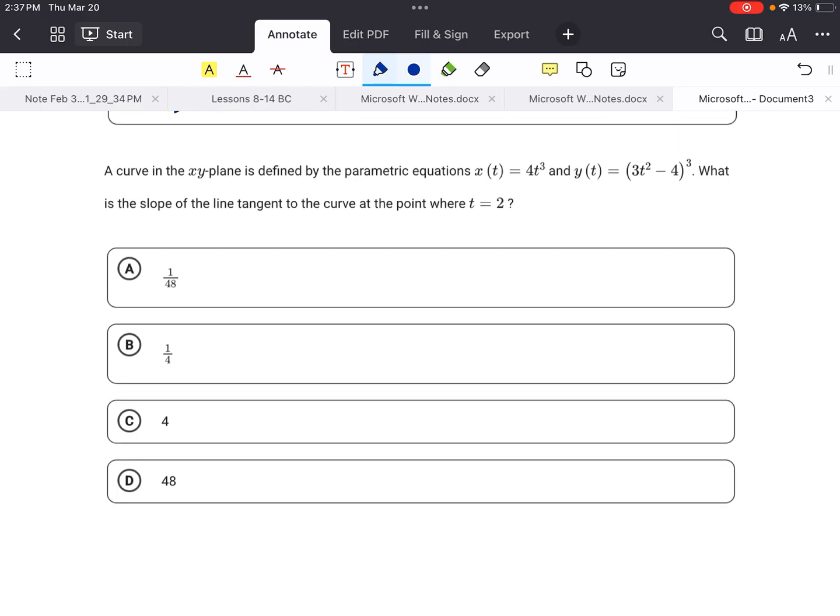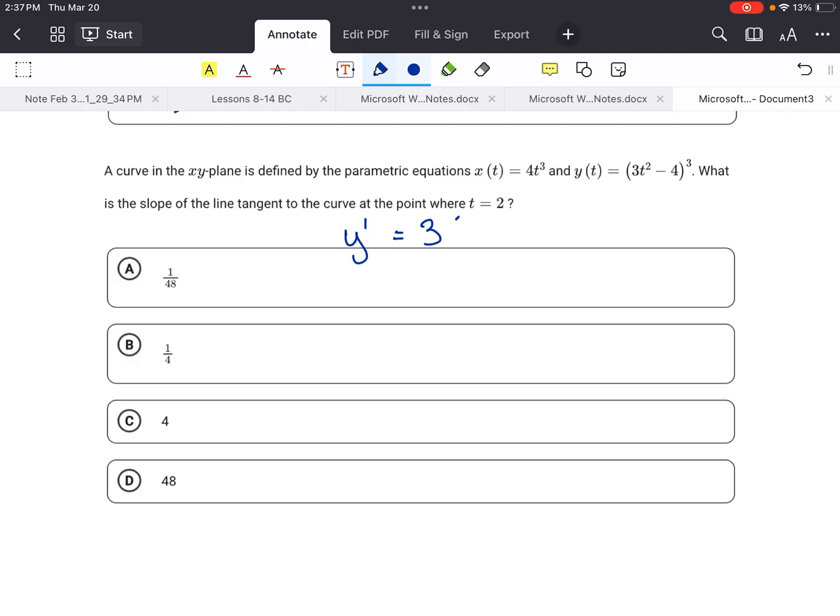On number 4, so we've got parametric functions. We want to know the slope of the tangent line at t equals 2. So slope of the tangent line is a derivative, so I need to do the derivative of y, dy dt.